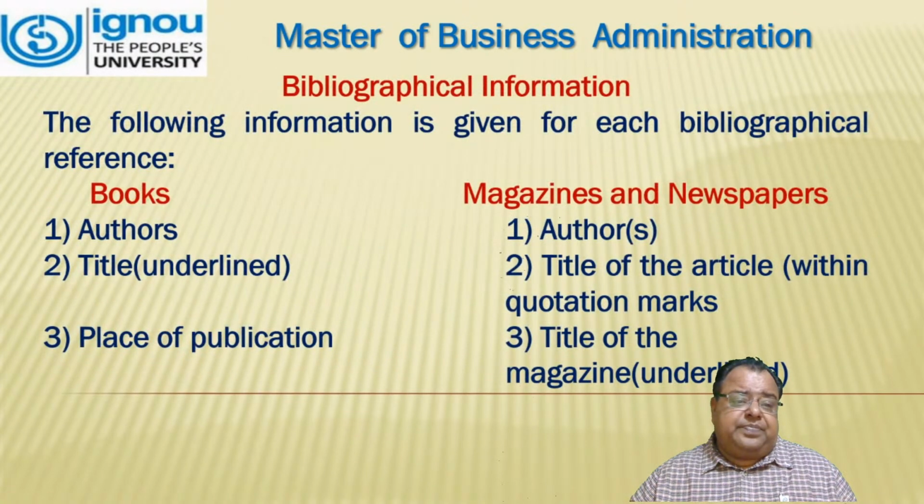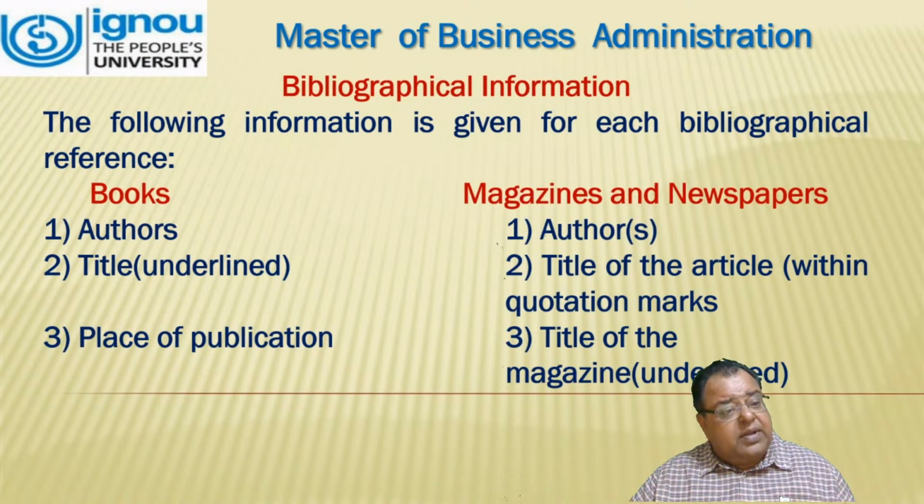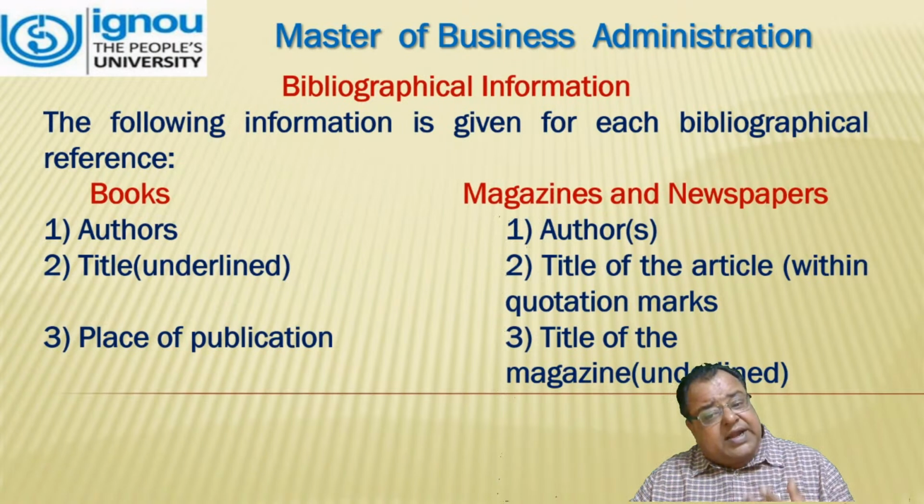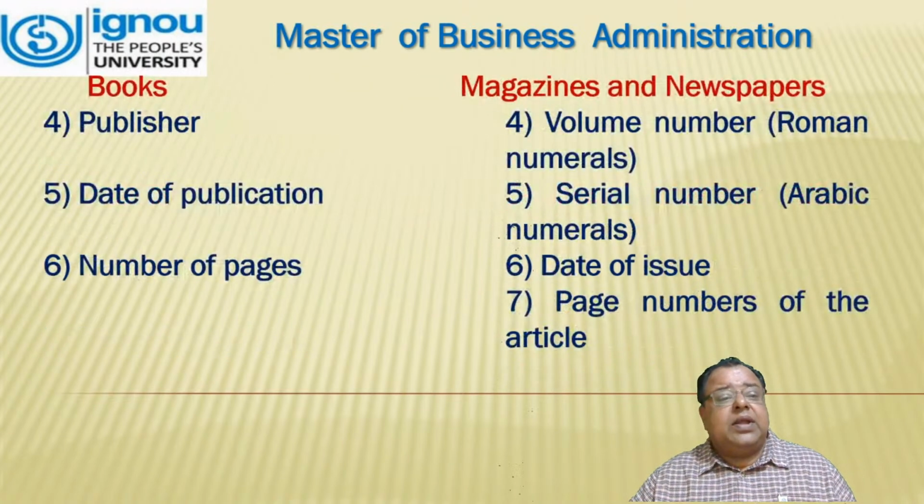Bibliographical information. We talk about what information we get. If we talk about books, it is the author, title, place of publication, publisher, date of publication, and number of pages. In the case of magazines and newspapers, it is the author, the title, which has to be placed in quotation marks, and the title of the magazine, underlined.